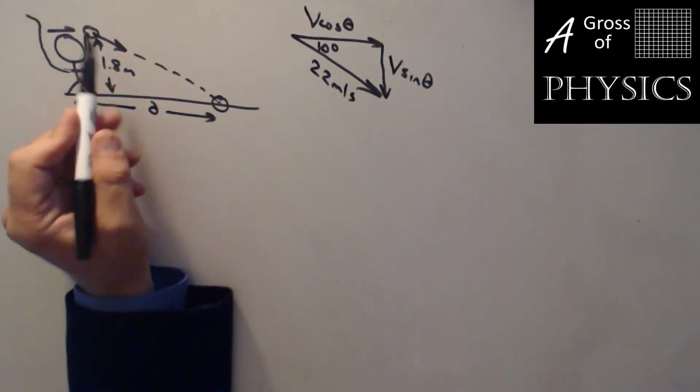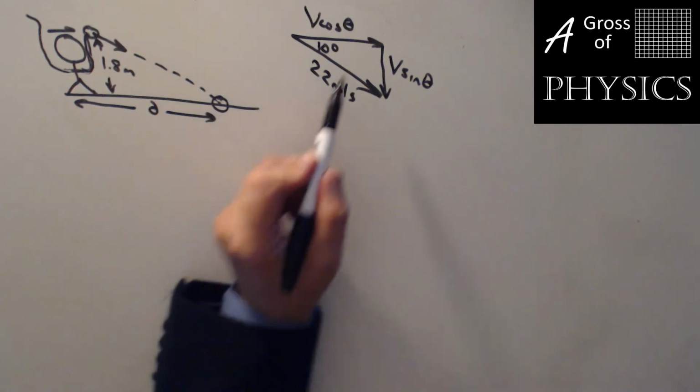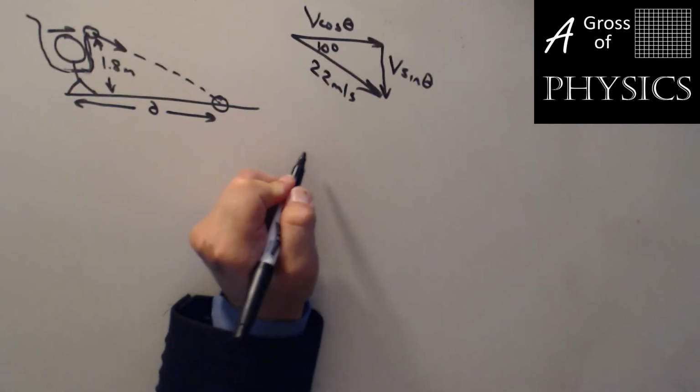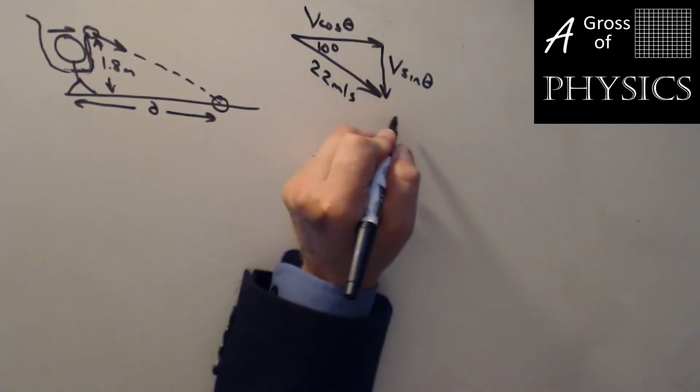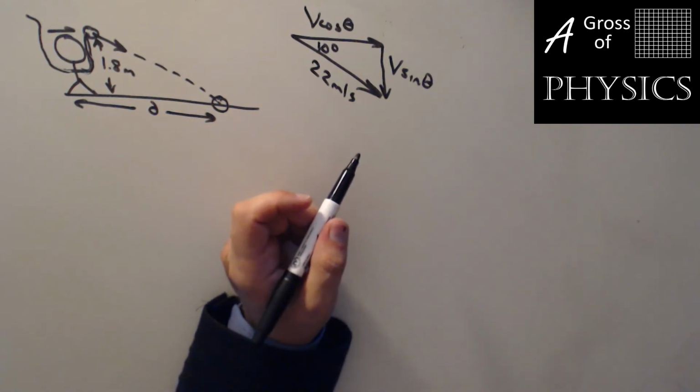Now, that being said, 22 meters per second is the way I'm throwing the ball, in this case with a 10-degree angle down. So instead of drawing my right triangle upward, I have the hypotenuse pointing in the downward direction.